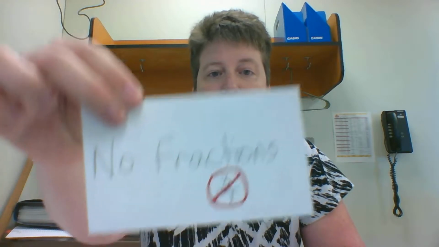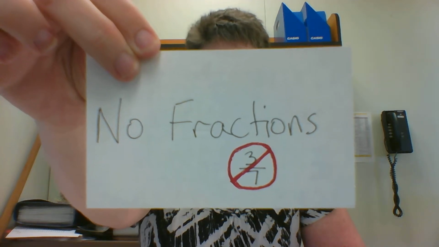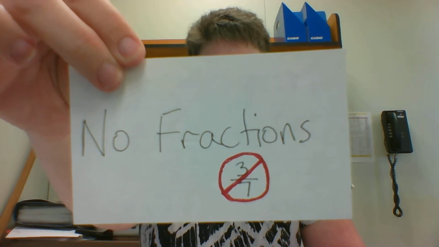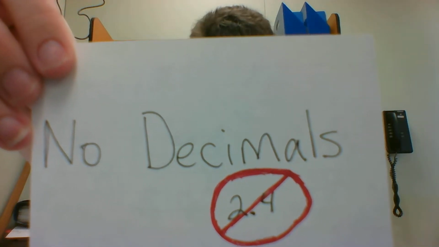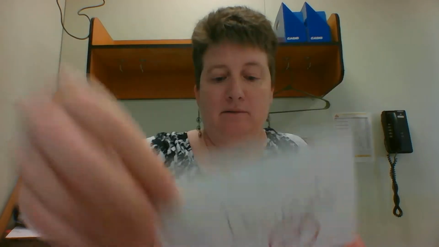Things that you will not see when we're talking about natural numbers: there are no fractions in natural numbers. There are no decimals in the natural number set.